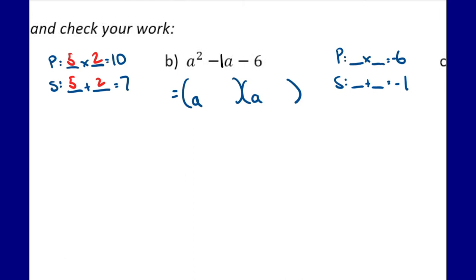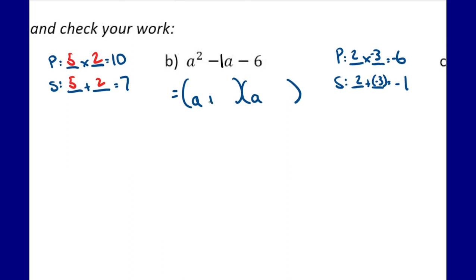So what two numbers multiply to negative 6 and add to negative 1? Well, I know that 2 times 3 gives me 6. If I want to make it negative, either one could be negative, but I want my sum to be negative, so the larger number should be negative. So 2 plus negative 3 is negative 1.